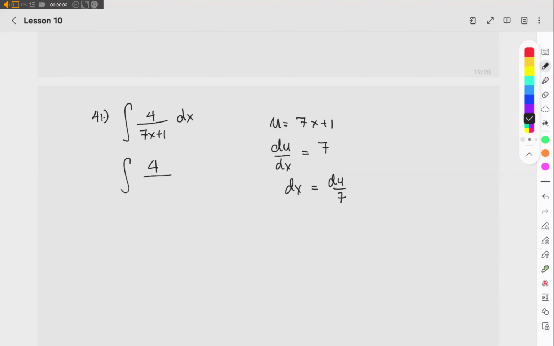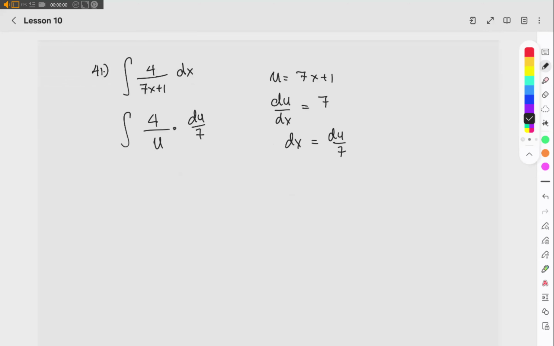It is simply u, because we already assigned it here. And dx is equal to du over 7.